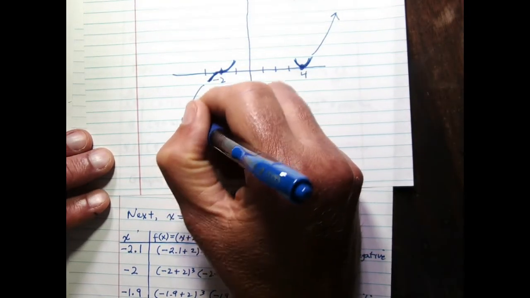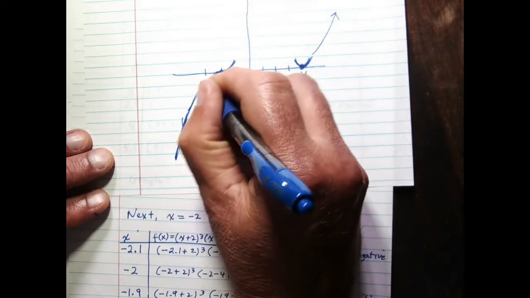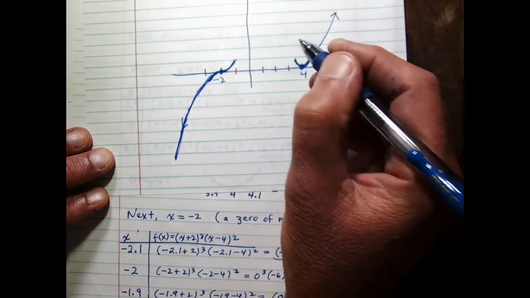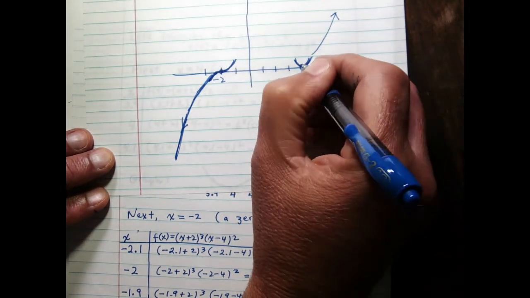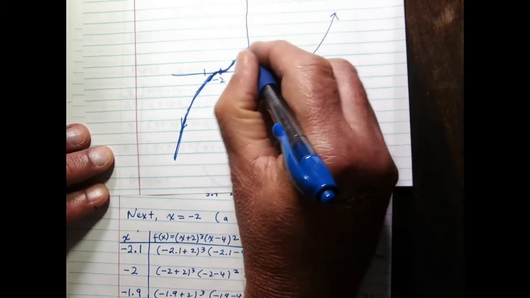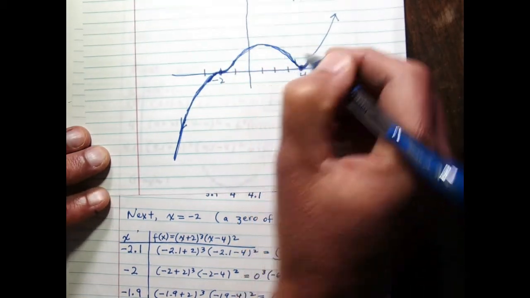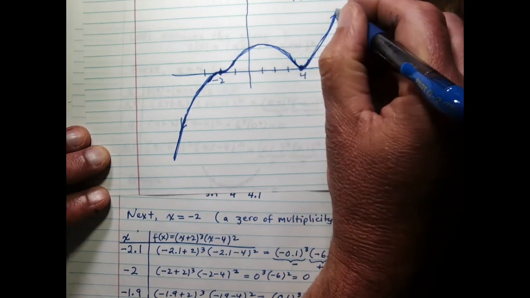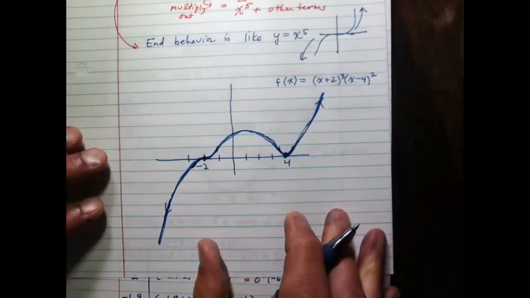So now I know my end behavior. I know I have to cross through the point (-2, 0) in this way. Somehow I have to get over to the point (4, 0). Well, somewhere I just turn around here. But then I just bounce off the x-axis and take off again, okay?